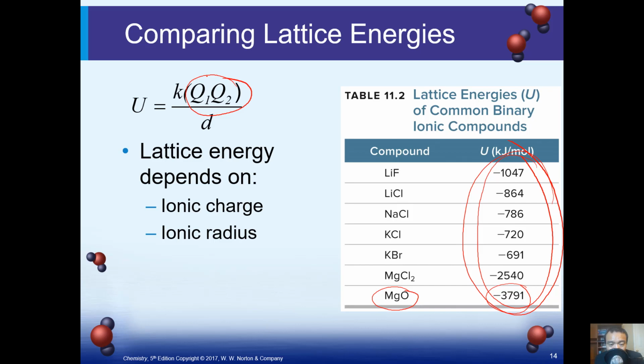So usually when we compare this, we would emphasize it's the magnitude that we compare. For example, MgO would have a larger lattice energy in magnitude than KBr, which has negative 691, because as we learned already, we compare the charges first because usually they dominate.